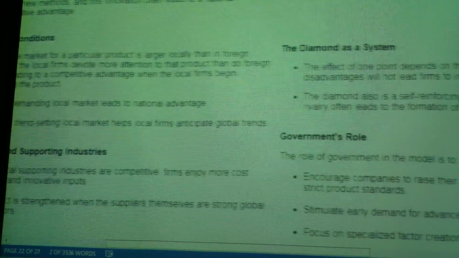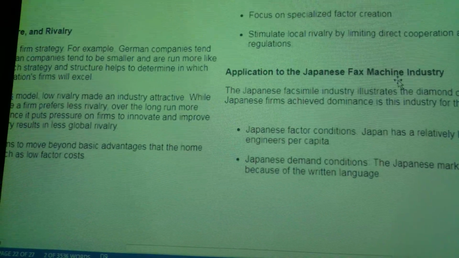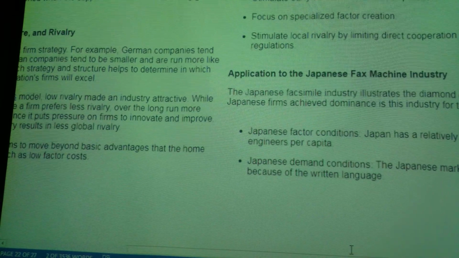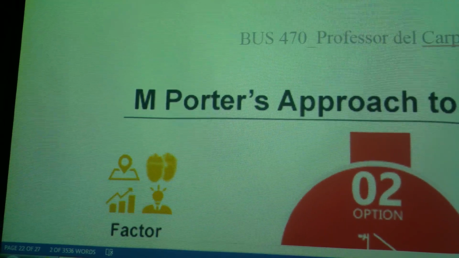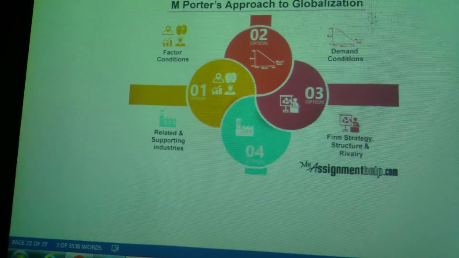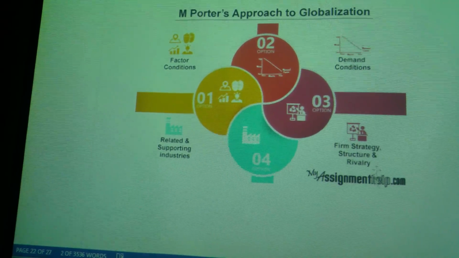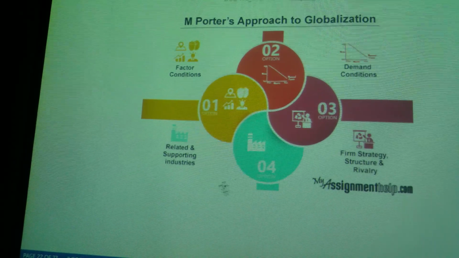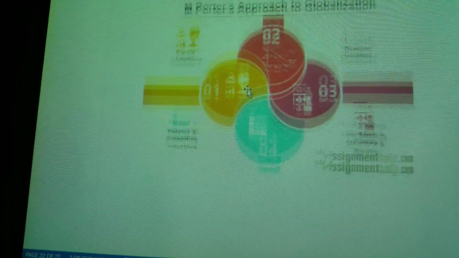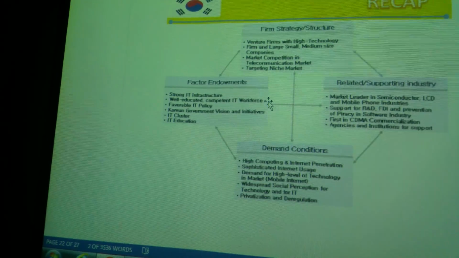Diamond as a system. So approach to globalization, okay, the demand conditions, rivalry, strategy, the supporting industry, okay, another image. And look at this one.